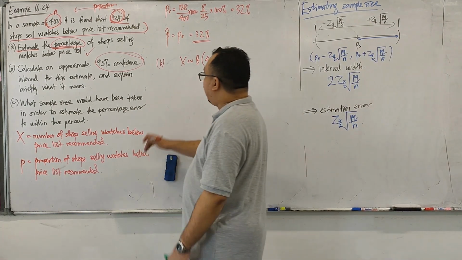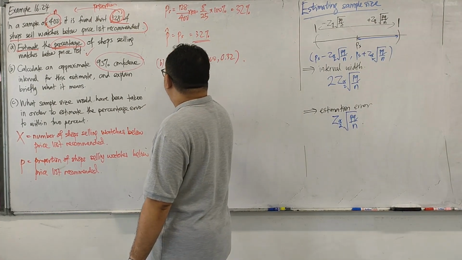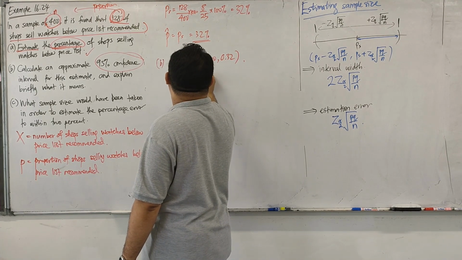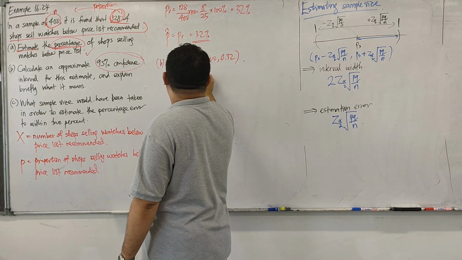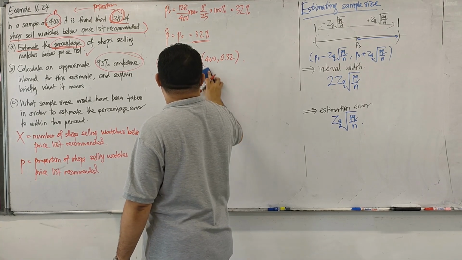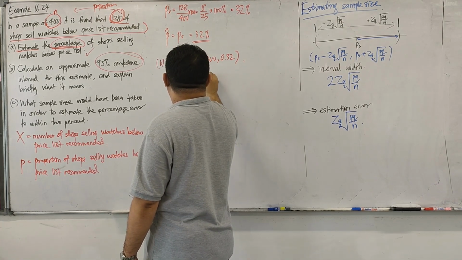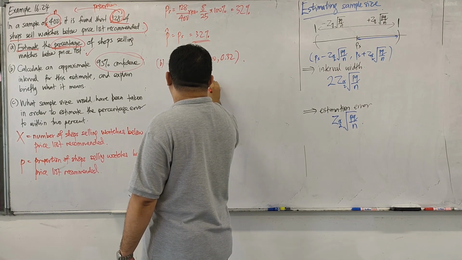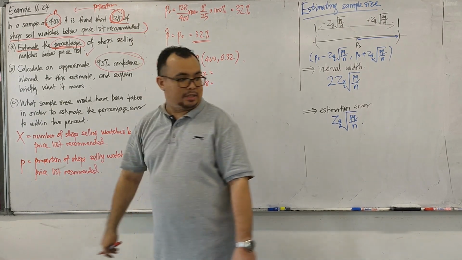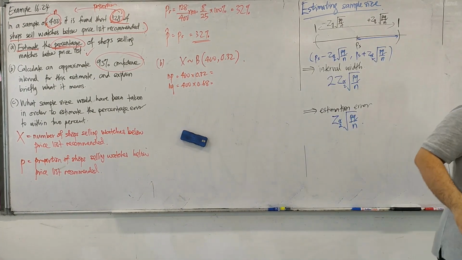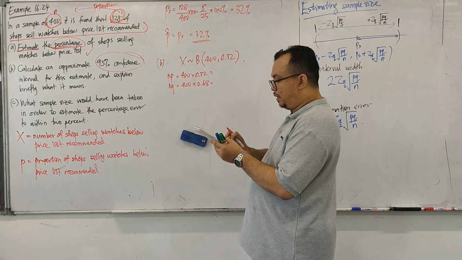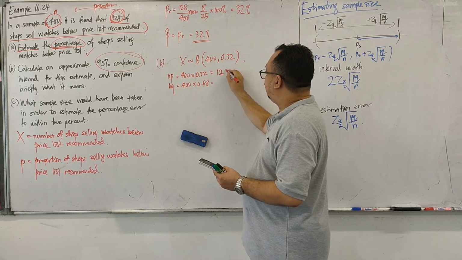Okay, so step 1 done. Step 2, NP and NQ. For NP, 400 times 32%, so 0.32. Okay, NQ, 400 times 0.68. Okay, so you press your calculator. 400 times 0.32, 128.